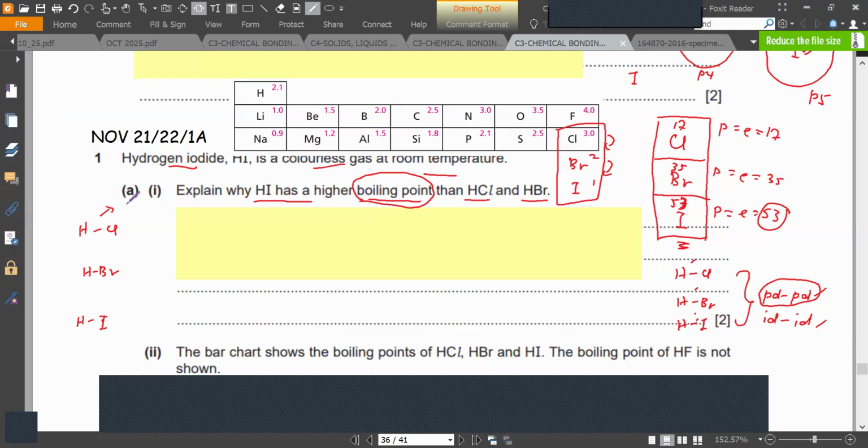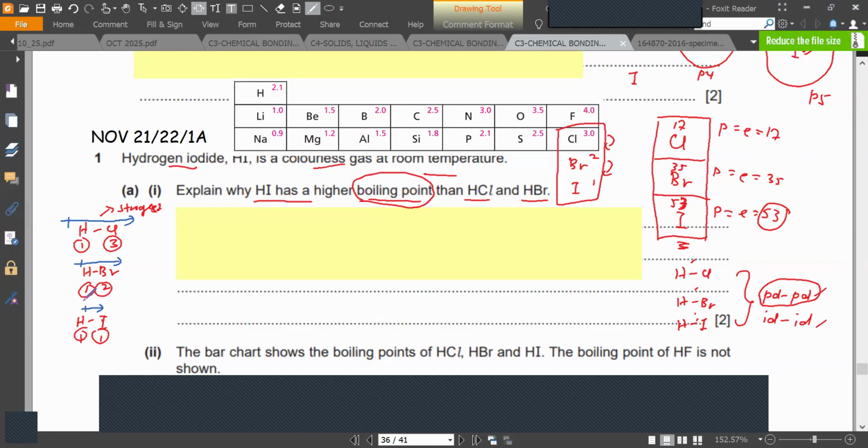This one will be the strongest dipole because this chlorine is like 3.1, this is maybe like 2.1, and this is maybe like 1.1, something like that. So the electronegativity difference is the strongest. So this one will have the strongest dipole. This one will be a smaller dipole, and then this one will be the smallest dipole.